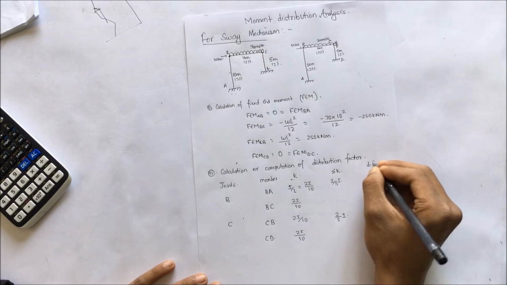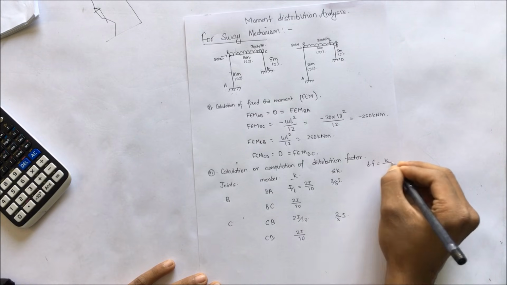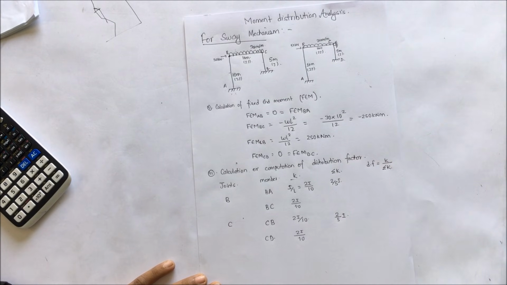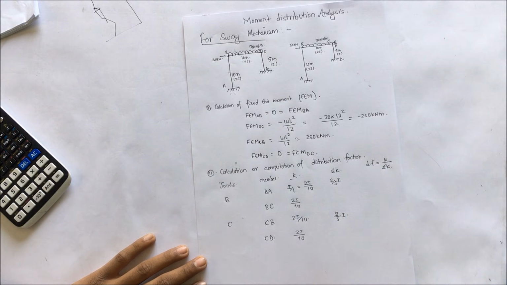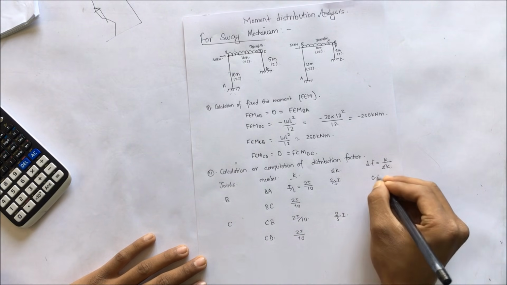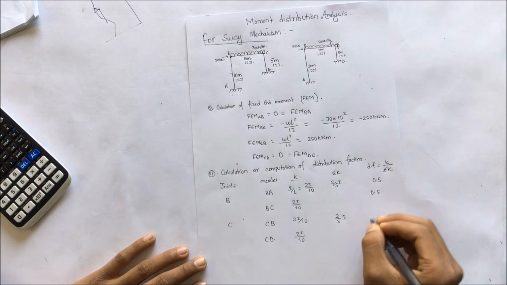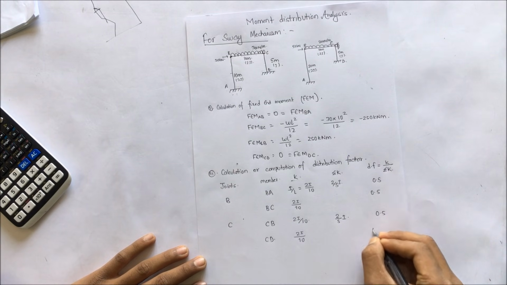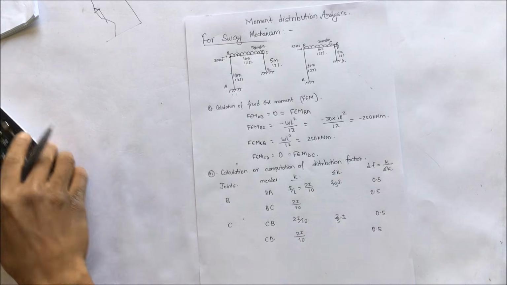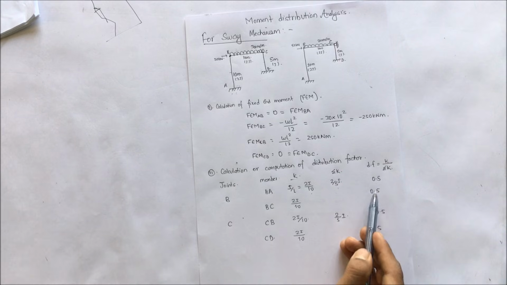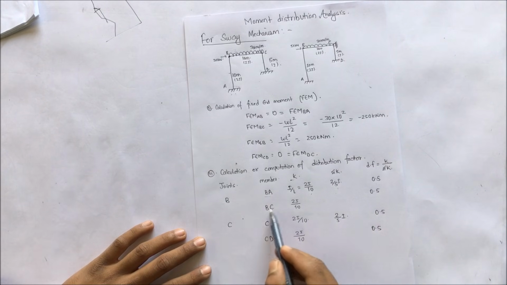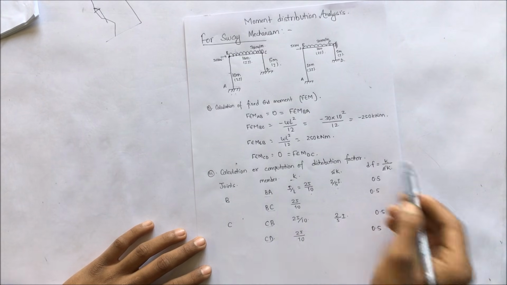Now distribution factor is equal to K by summation K. Now calculating for each, we get 0.5, 0.5, 0.5, 0.5. Just put the value like 2I by 10 divided by 2 by 5, so we get 0.5 for this member, 0.5 for this member, and for these members.